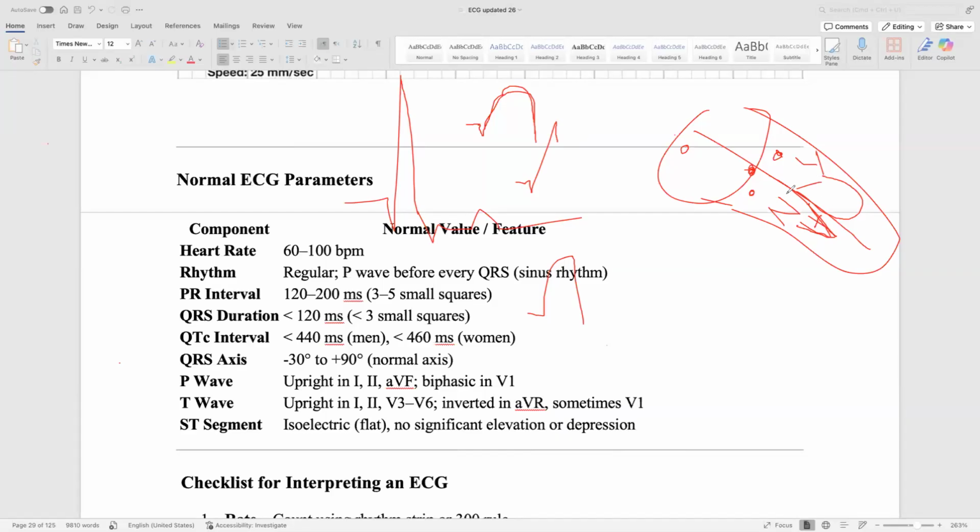It will send electricity here to charge the right, because the left cannot work without the right. Then the electricity will reach the right. This is why in bundle branch block, whether right or left, there will be two spikes. One is depolarized normally, the other is depolarized late, from the other side.